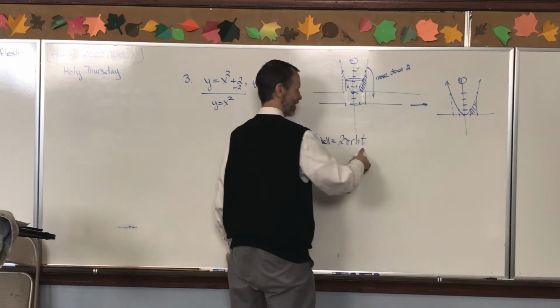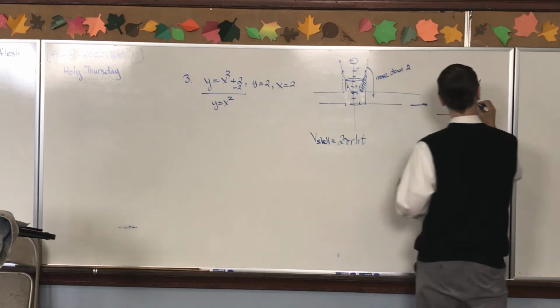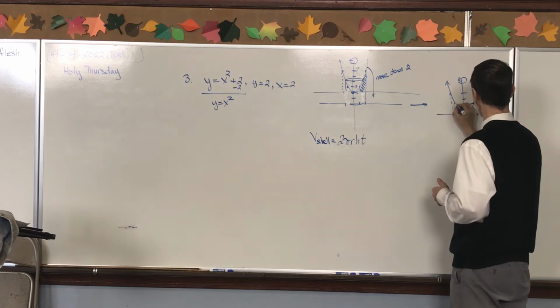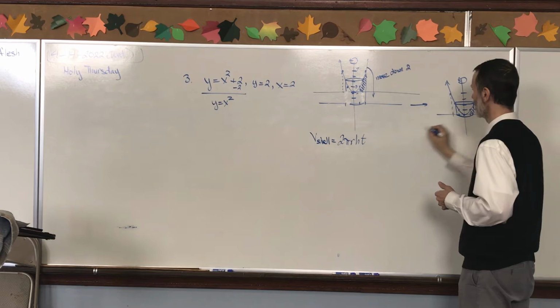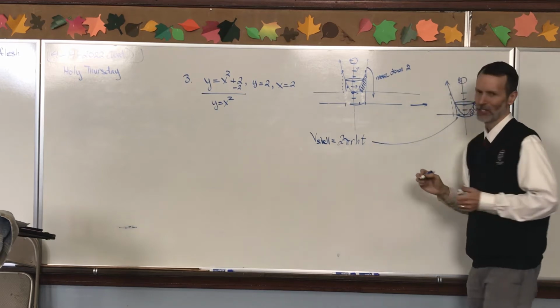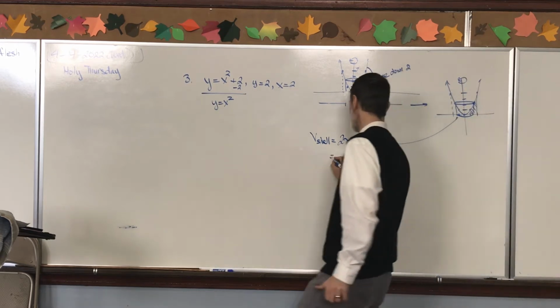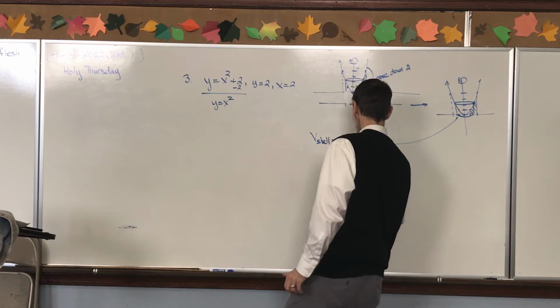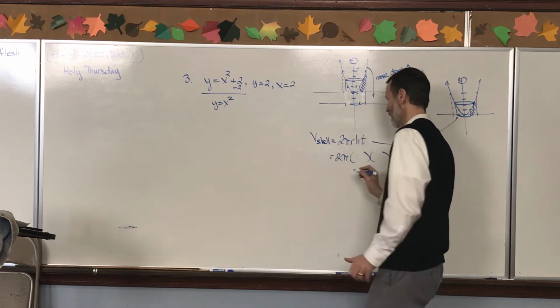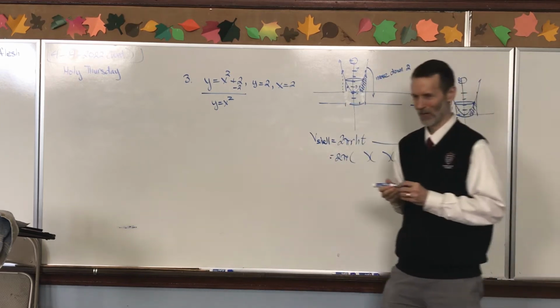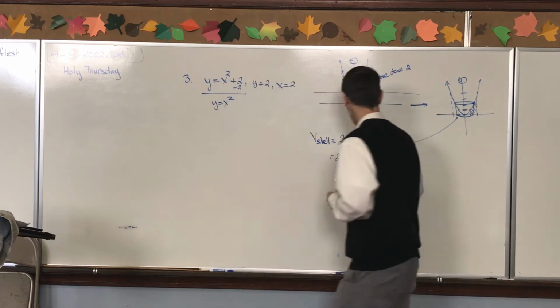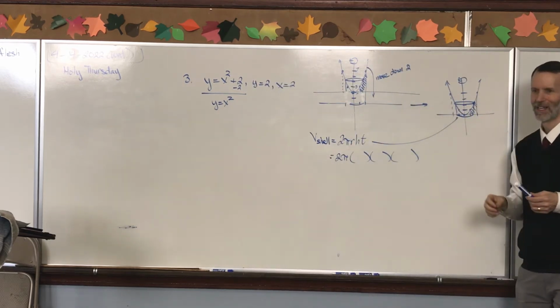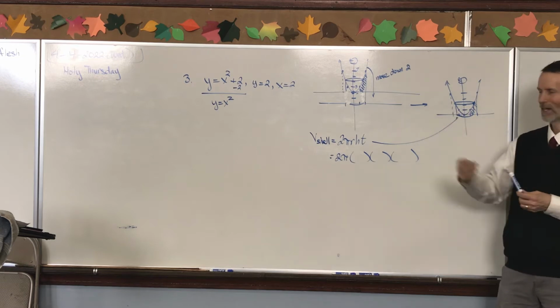Radius, height, thickness. So if you pick any old shell to drop down, the volume of that shell is 2 pi RHT, which means it's 2 times pi times something times something times something. Can somebody please tell me what the somethings are? In this particular picture, what's the radius? It's got to be x, y, dx, or dy.